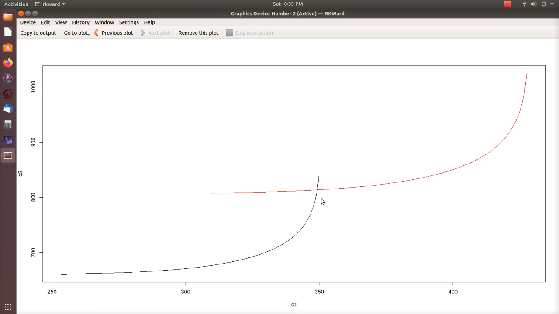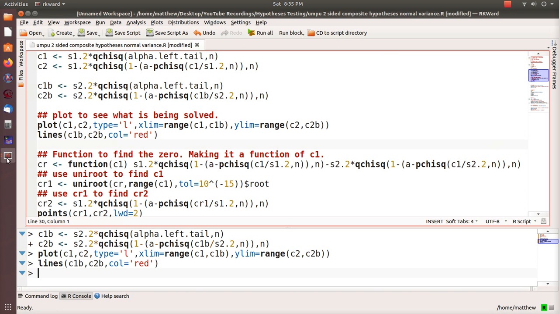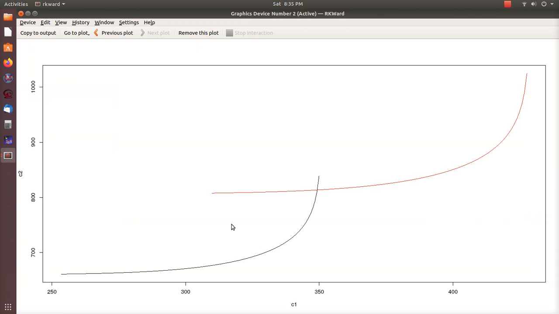The C1 and the C2 that make both of these true is the uniformly most powerful unbiased test for this setting. So what we do is we create a function of C1, and then we subtract the C2 values, and when they're equal, we know we have the solution.